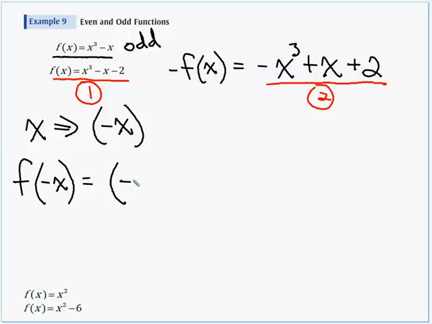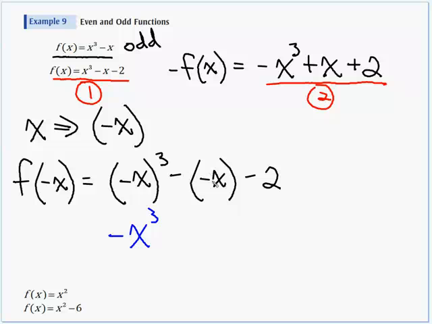So that's going to be negative x quantity cubed minus a negative x minus 2. So we've done some of this stuff before. We've already talked about a negative x quantity cubed. That turns into minus x cubed. Minus a negative x will turn into a plus x. And then our minus 2 does not change.